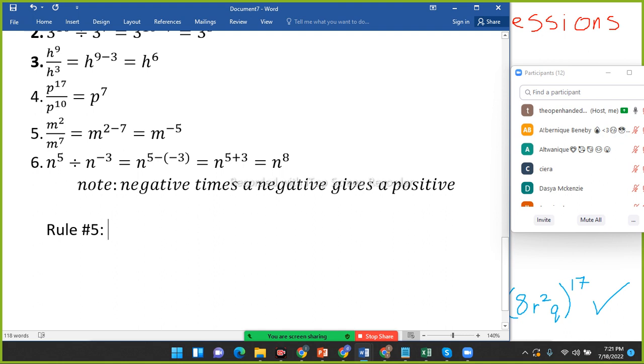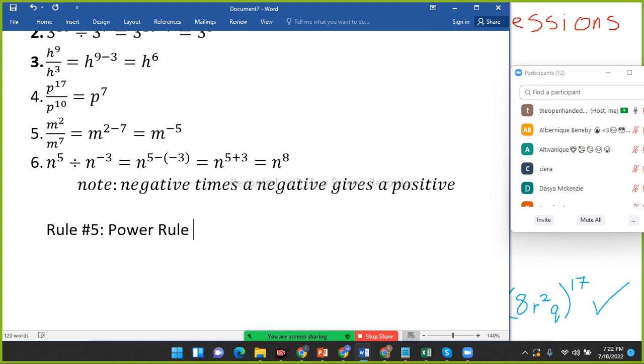Rule number 5 is what we call the power rule. And it's interesting because essentially what's happening is you have a term, a base, raised to a power, and that entire term is raised to another power. So basically you have double powers going on, right?